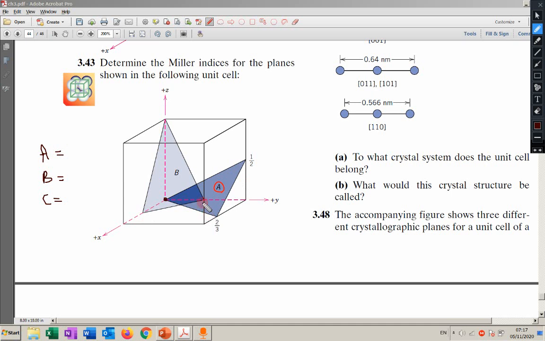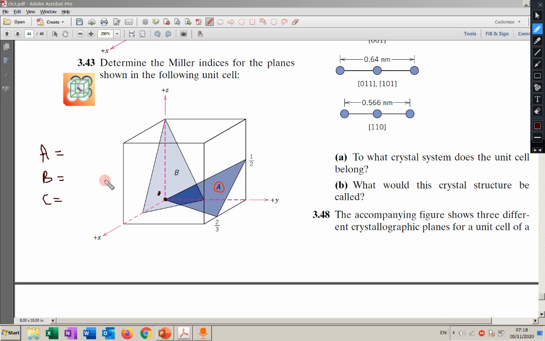This plane passes through the origin. It means that it intersects the x-axis at 0, the y-axis at 0, and the z-axis at 0. With 0, 0, 0, 1 over 0 will be infinity, which is not the way we represent a plane, so we have to shift this origin from this corner to somewhere else.